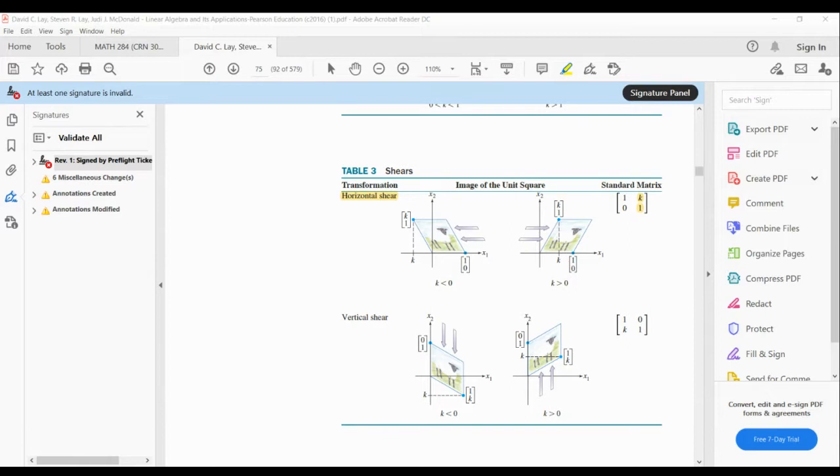No, it doesn't change. So 1, 0 gets mapped to itself. That's why in the standard matrix here, 1, 0 stays 1, 0.